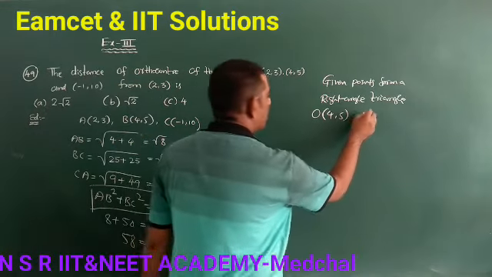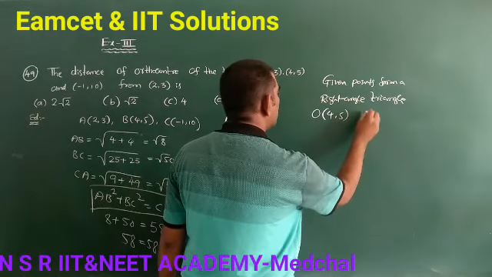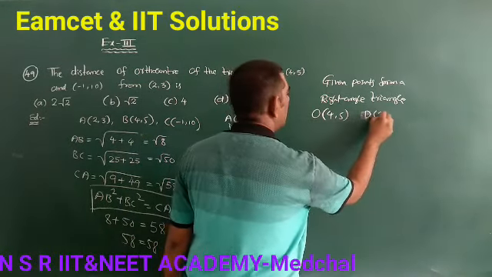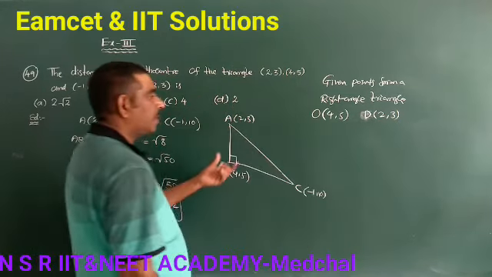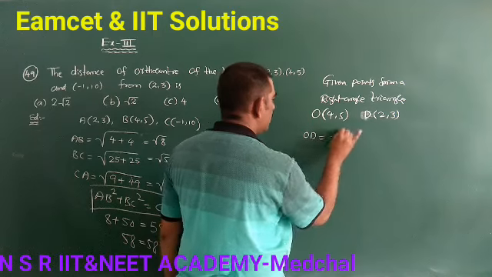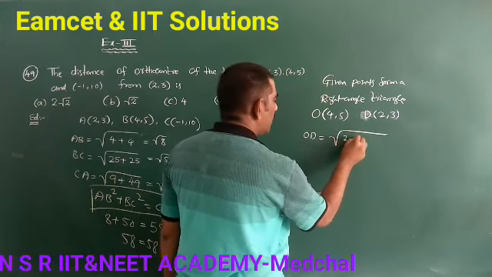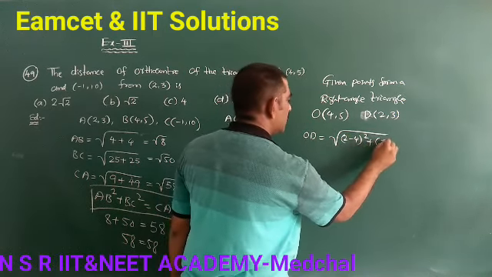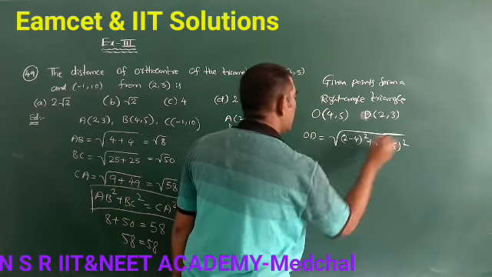Already we are given another point. Suppose we take it as D (2, 3). So we have to find the distance of O and D. OD is equal to under root of (2 minus 4) whole square plus (3 minus 5) whole square.